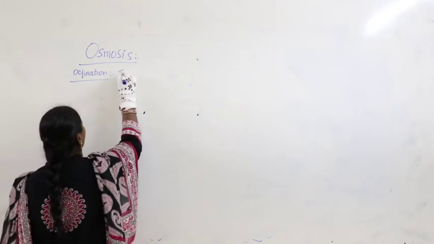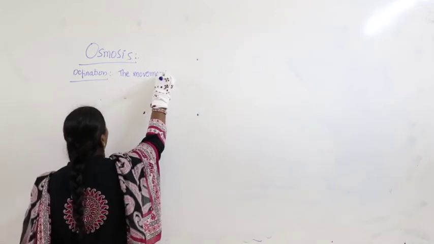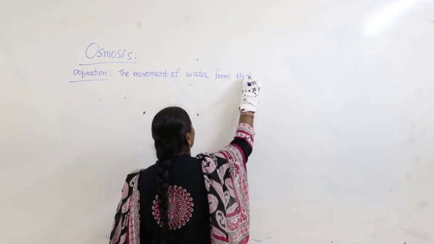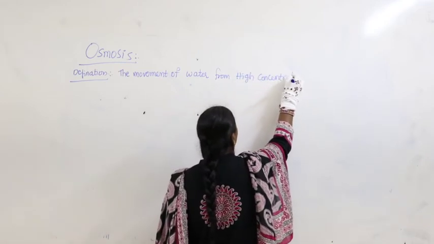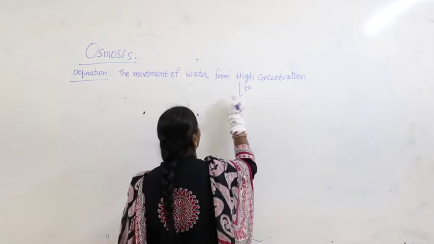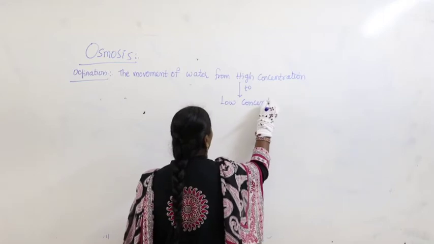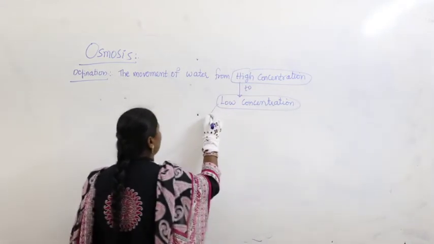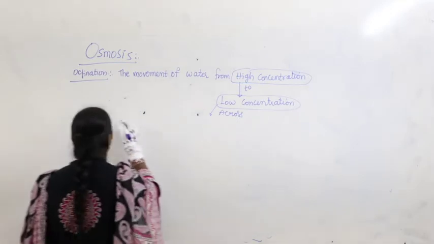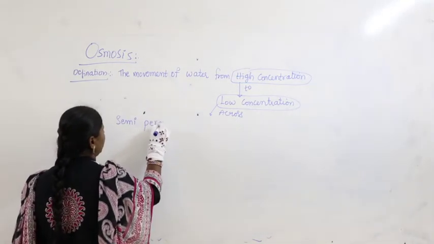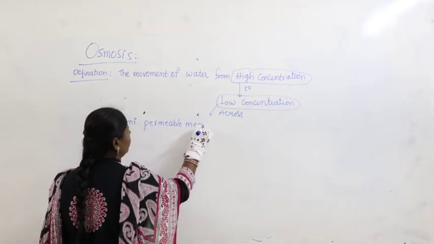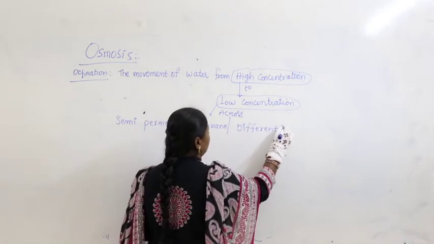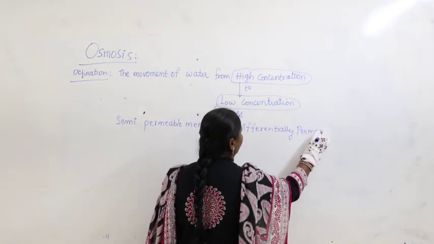So, here I can write: the movement of water from high concentration to low concentration across, we say, a semi-permeable membrane or differentially permeable membrane.